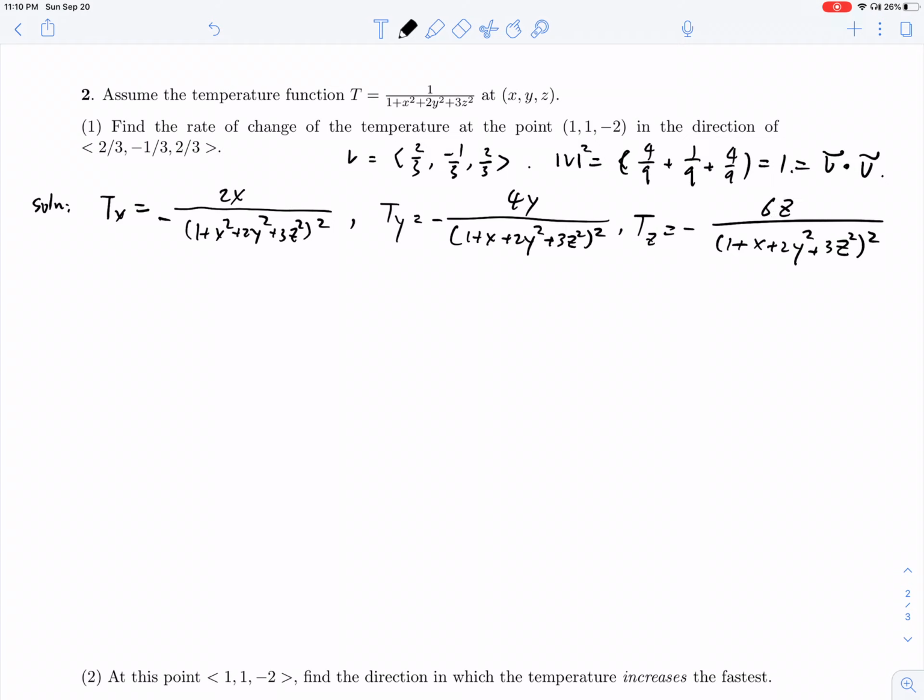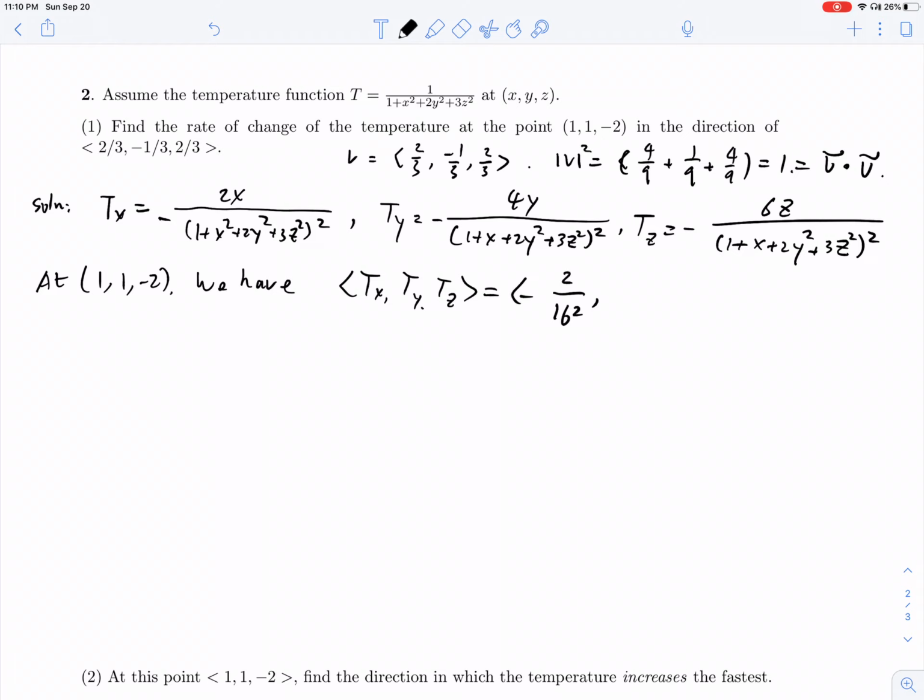Okay, so these are the three components of the gradient vector, and then we need to evaluate it at a particular point. So at this point (1, 1, -2), the gradient vector is equal to, we will see that the denominator is 16 squared. It's negative over 16 squared, and the top is 2x. x is 1, so we have 2.